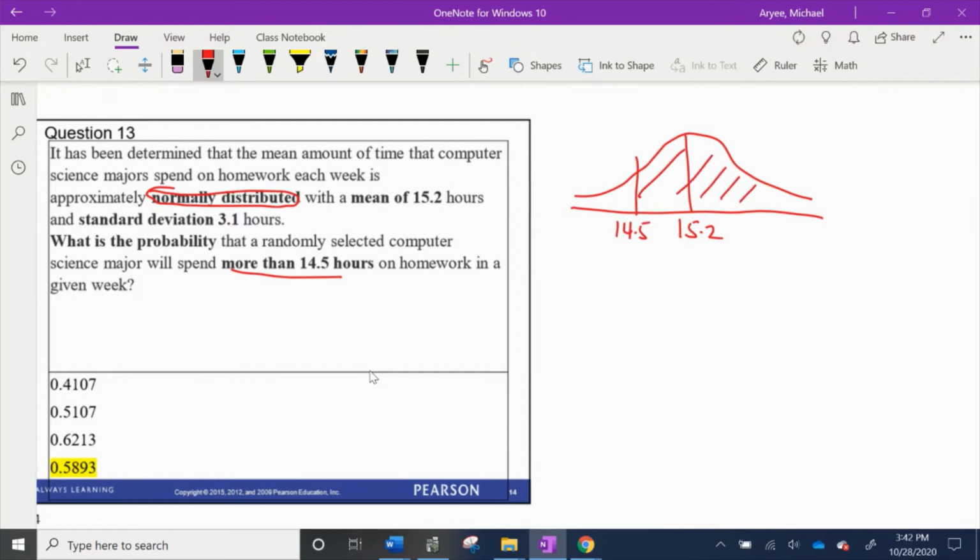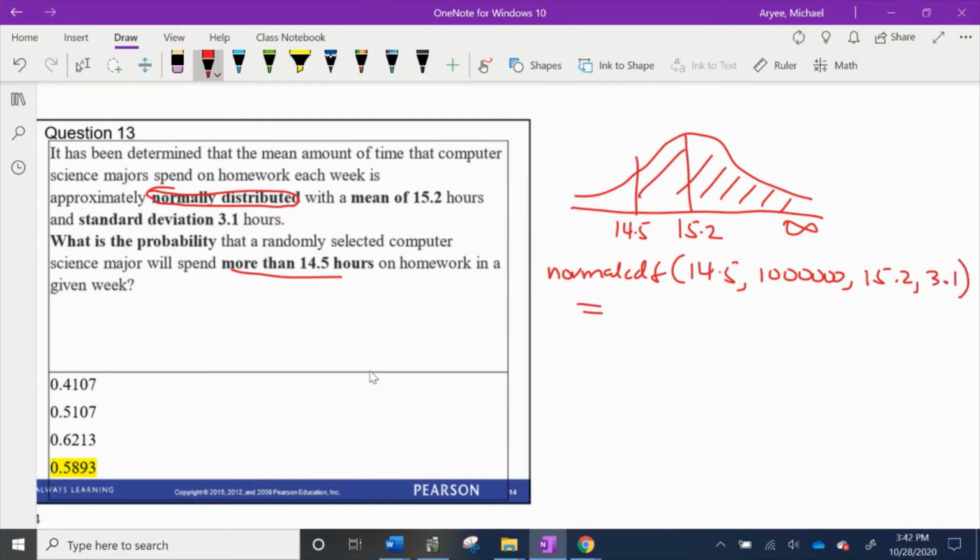So I shade everything, which means I'm going to infinity. So this is a regular normal CDF. So normal CDF, from 14.5 to infinity, which is 1 million, comma, mean is 15.2, standard deviation is what? 3.1.